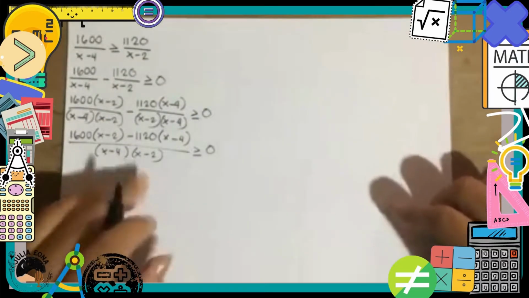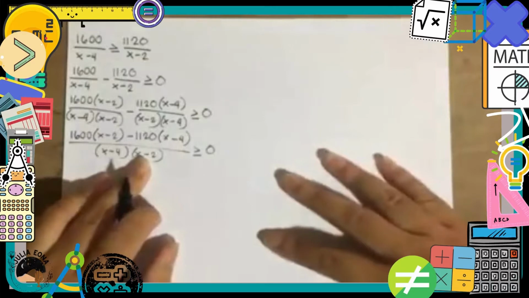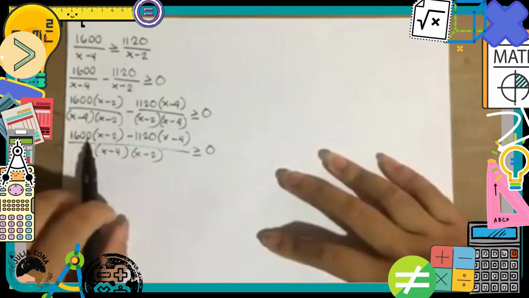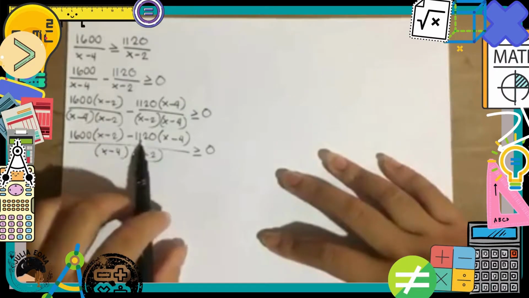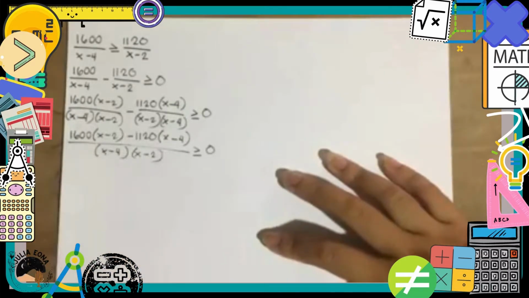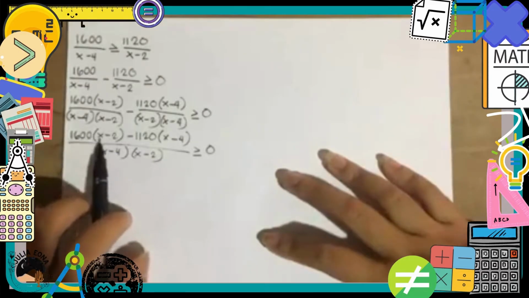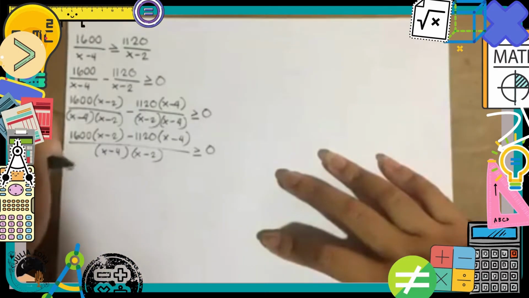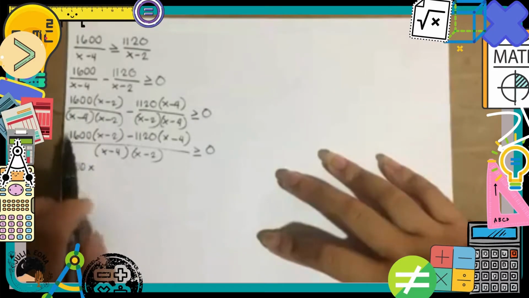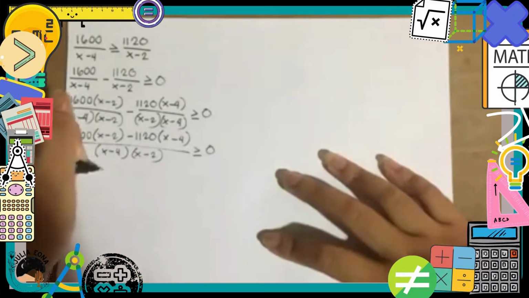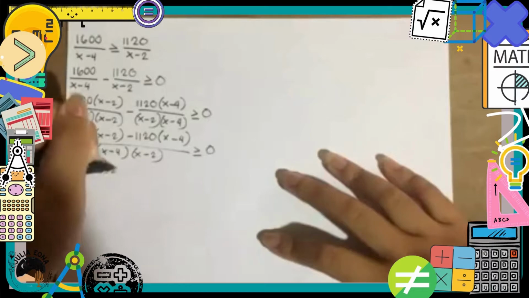Now, we are going to simplify the numerator, so we're going to distribute the 1,600 and negative 1,120. So it's going to be 1,600 times x is 1,600x. Then 1,600 times negative 2 is negative 3,200.